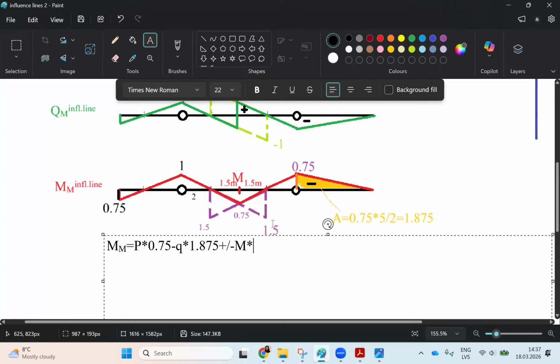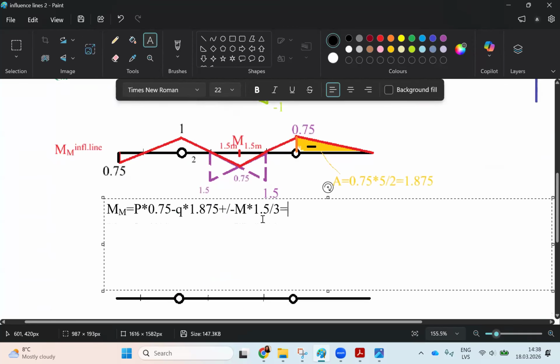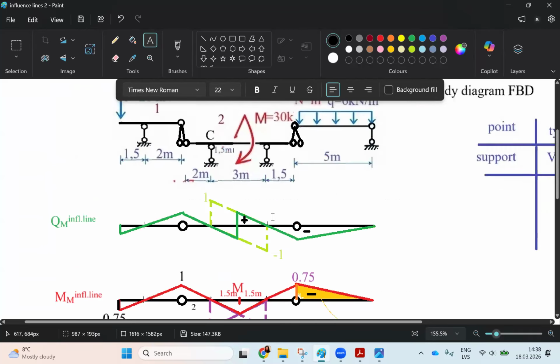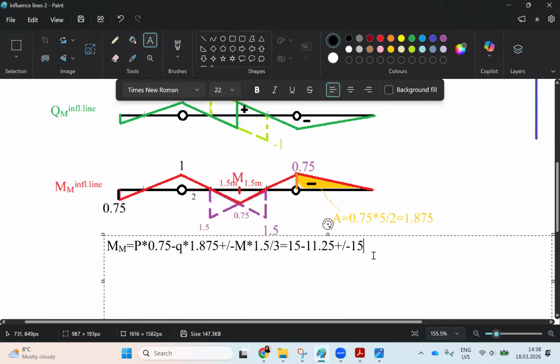Okay, so 1.5/3. Now we use both signs. So P equals 20. 15 minus 6 times 1.875, 1125, and then there are two values of M, 1/2 of 30, so 15.